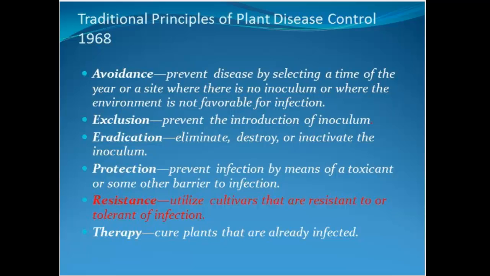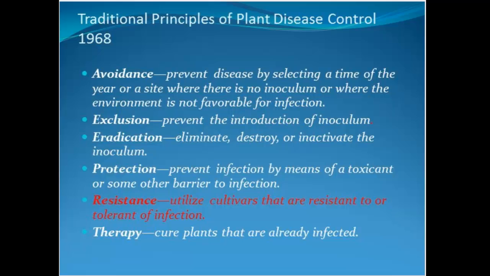If we look at resistance, it's not an all or nothing case. We have typically a range: one variety may be highly resistant, one may be moderately resistant, one may be only slightly susceptible, which is the level down from moderately resistant, but there's this continuum of susceptibility or resistance to a particular plant disease.